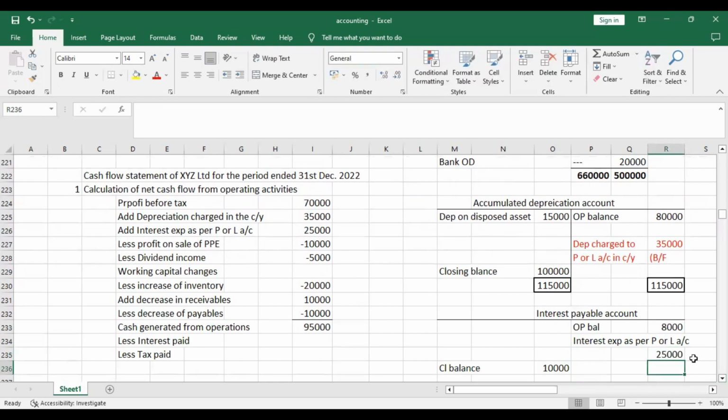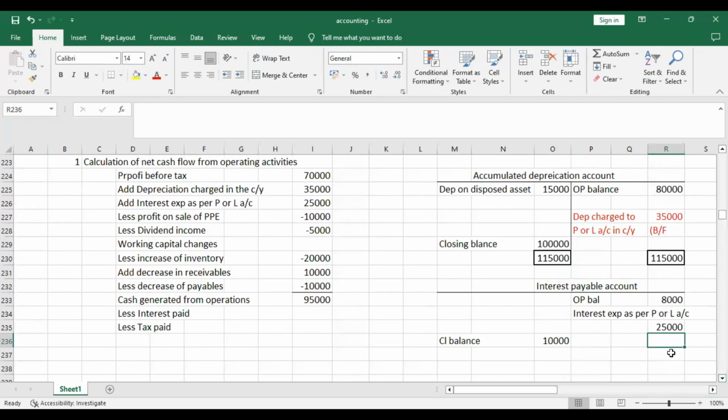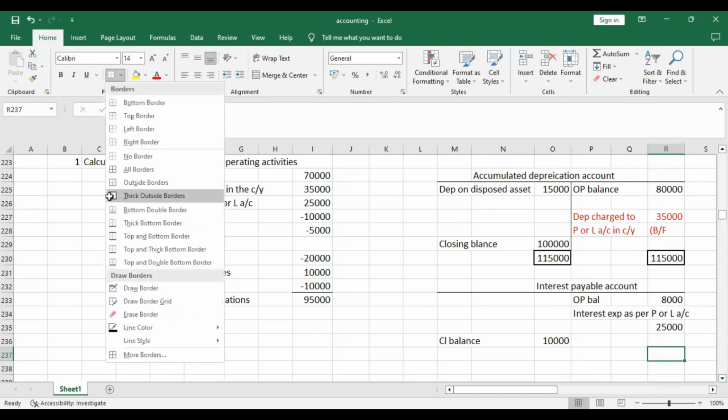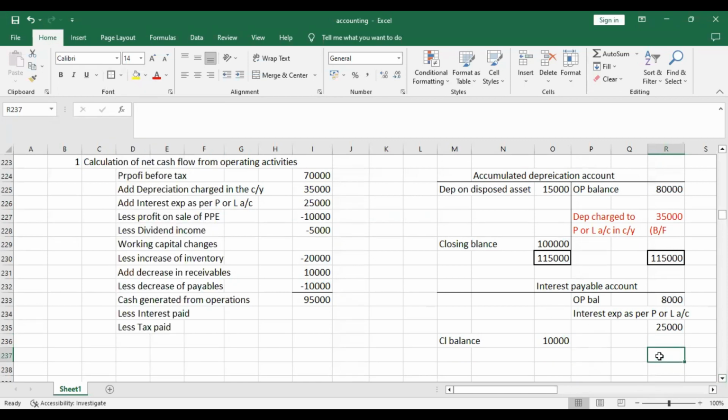Now you will get the balancing figure on the debit side. When you look at the totals, how much is the total? Total is equal to 33,000.